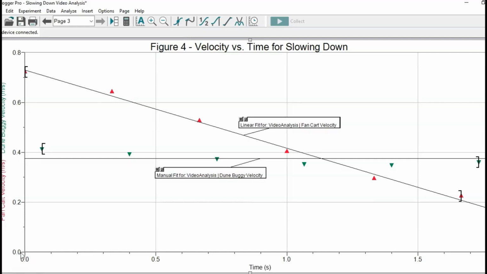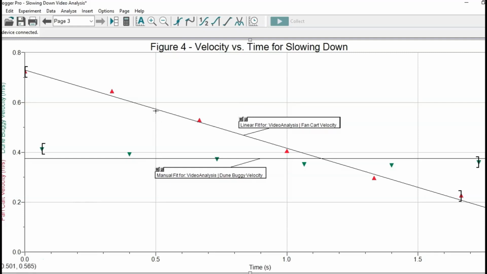Remember, down here at velocity equals 0 is the time axis. So whenever an object is slowing down, the velocity line is going to be straight, and it's going to start further away from the time axis and move toward the time axis. That's the opposite of an object that's speeding up. For an object that's speeding up, the velocity line is going to start closer to the time axis and move away from the time axis.